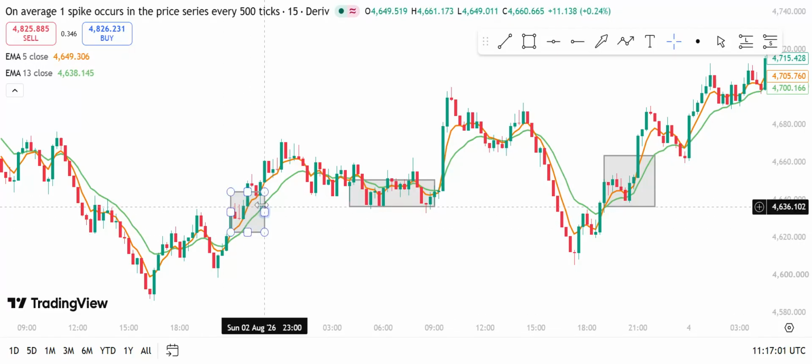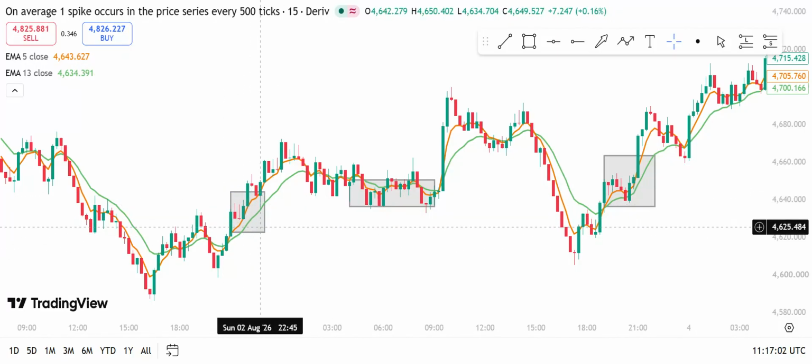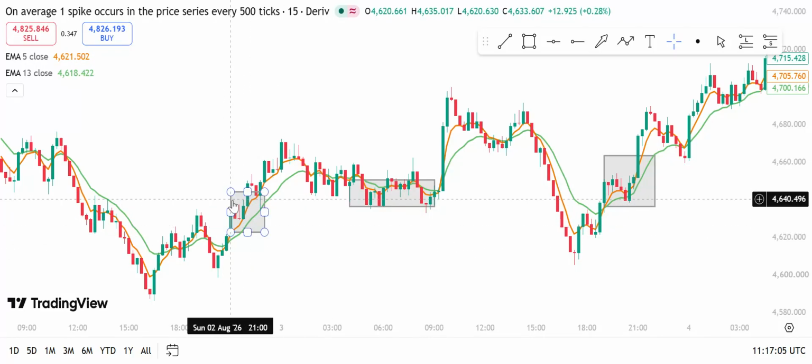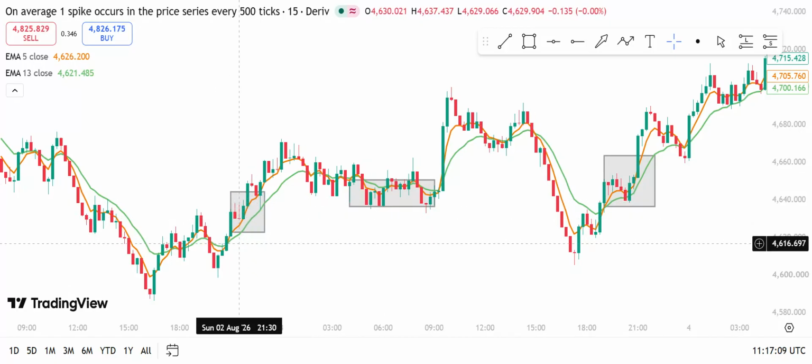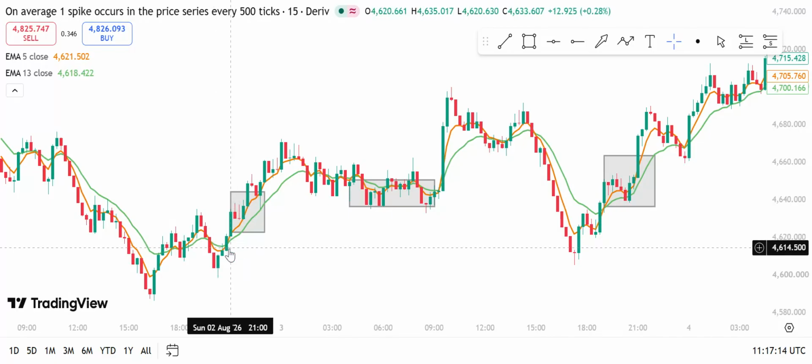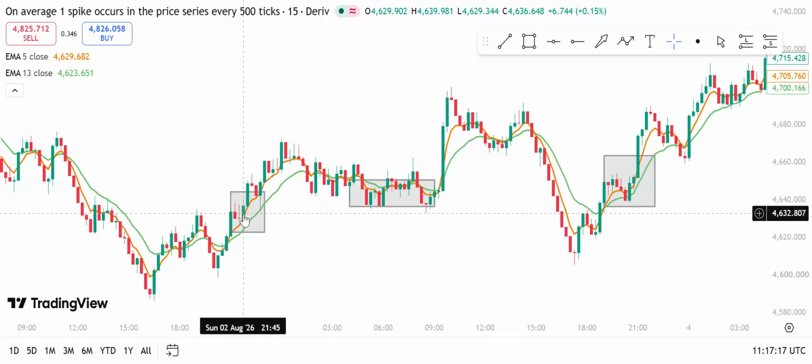All right, so this was on 1 hour, meaning that when you came down here, you would find that the cross had already happened earlier on. So this green candle here that I'm highlighting with my cursor would have been our entry point.